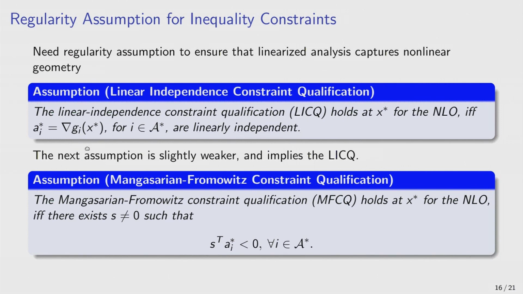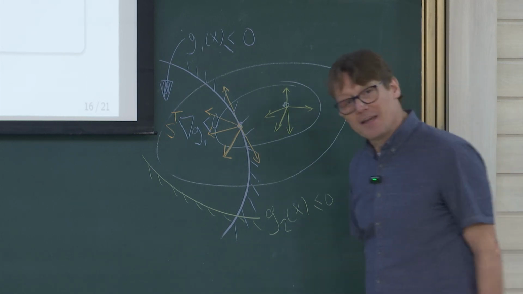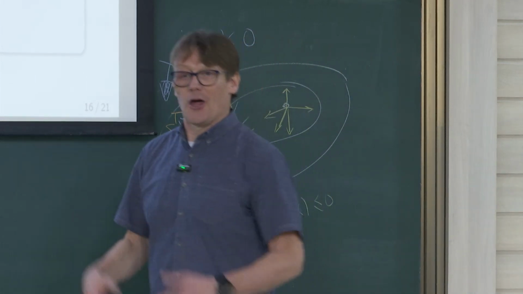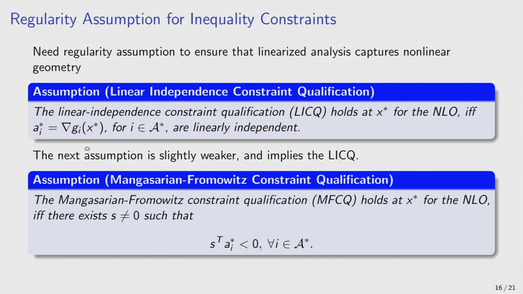Okay, so we need, again, a regularity assumption, and so we can use the same regularity assumption that we used earlier, namely that the constraint normals of active constraints are linearly independent. And that's, I think, all you need to know. If you want to be fancy and pretend you know a lot about nonlinear optimization like I'm doing now, then you use big names like the Mangasarian-Fromovitz constraint qualification.